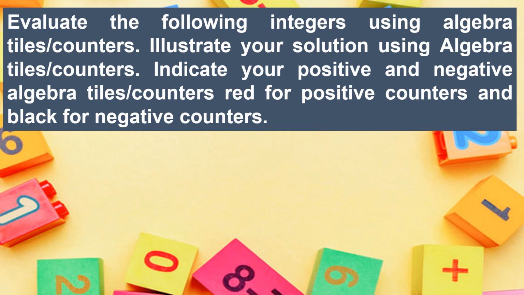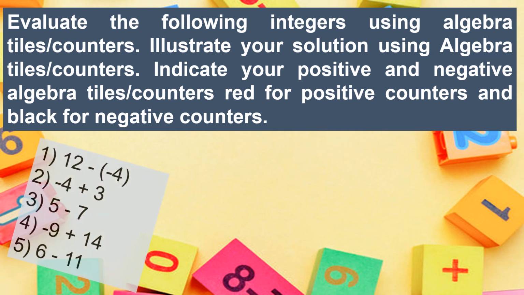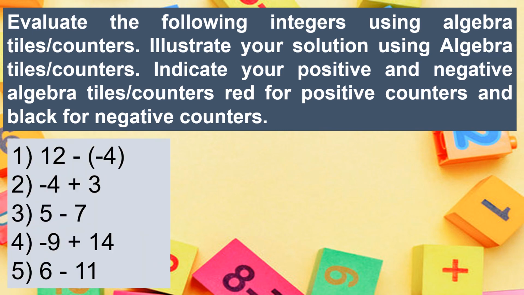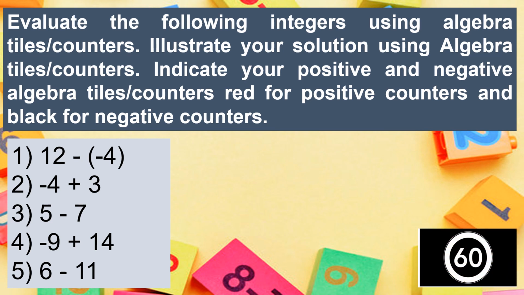Red for positive counters and black for negative counters. So number 1, 12 minus negative 4. Number 2, negative 4 plus 3. Number 3, 5 minus 7. Number 4, negative 9 plus 14. Number 5, 6 minus 11. Again, 1 minute for this activity. Begin.